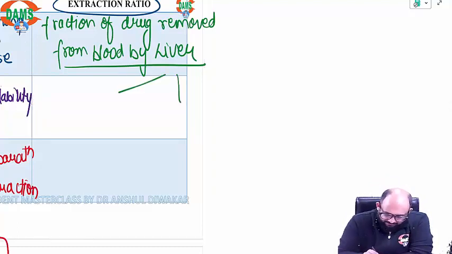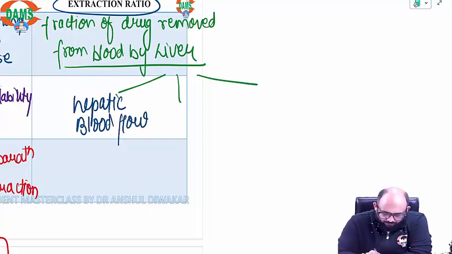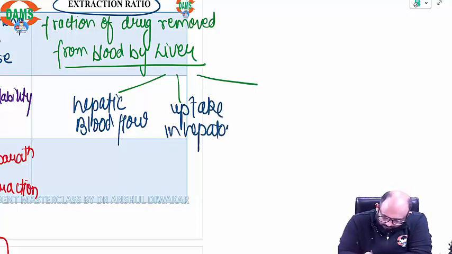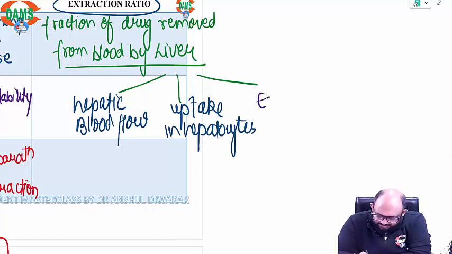There are three factors on which extraction ratio depends: hepatic blood flow, uptake in hepatocytes, and enzyme activity of those hepatocytes.